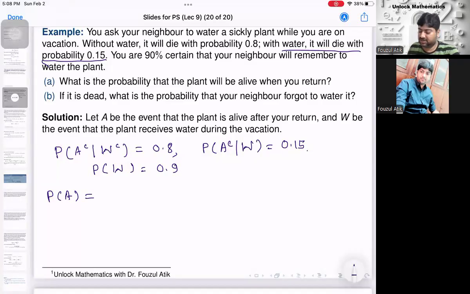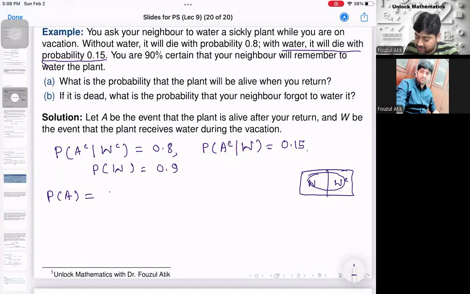Now we can use the law of total probability. So you have this whole sample space. It is divided, exhausted, by two events, W and W complement. You have another event A, which is like that. So it has some intersection with W, and some intersection with W complement. We can apply the law of total probability.